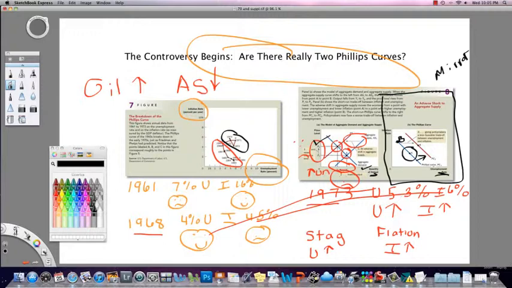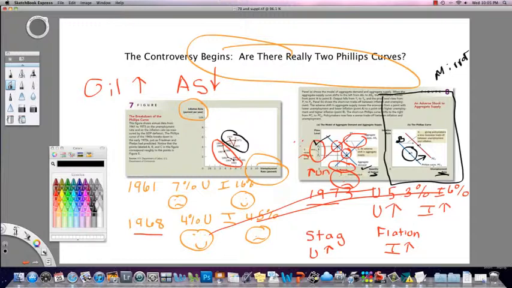If, for example, government would give business tax breaks, that now means that businesses are going to produce more because they have more money. When they produce more, we know that price level goes down and GDP goes up, which means in terms of the Phillips curve, you see inflation going down and you see unemployment going down.